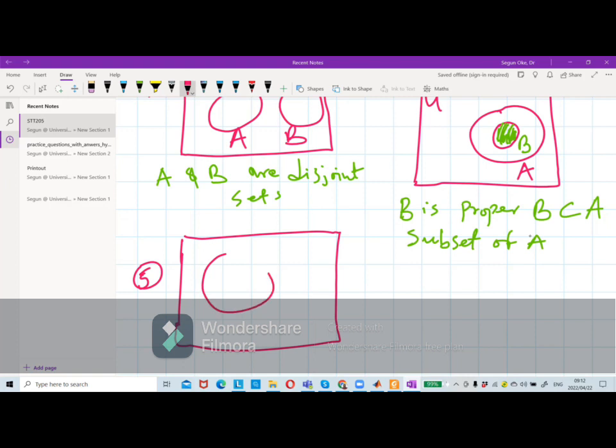So we have the shaded region too. The shaded region. We have A and B. So this is our universal set.